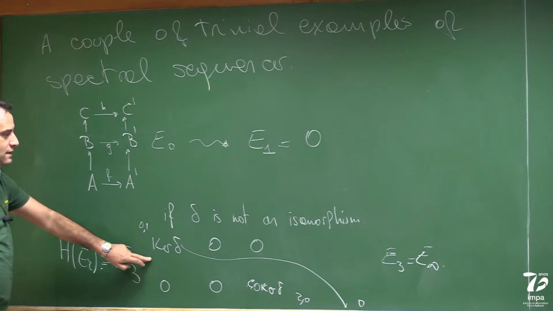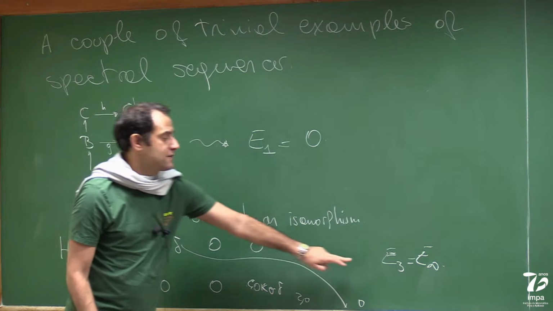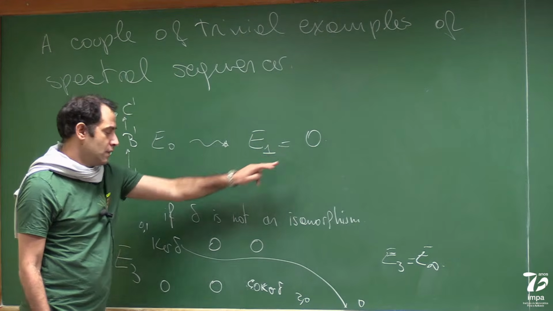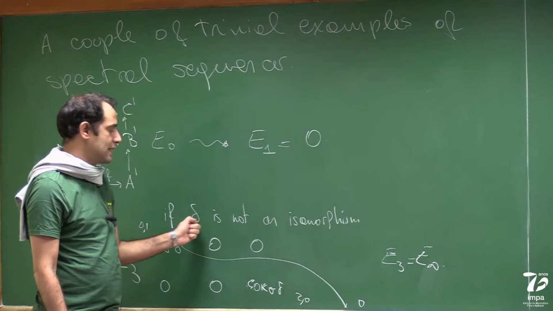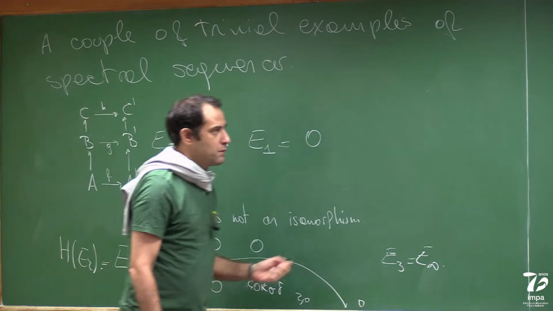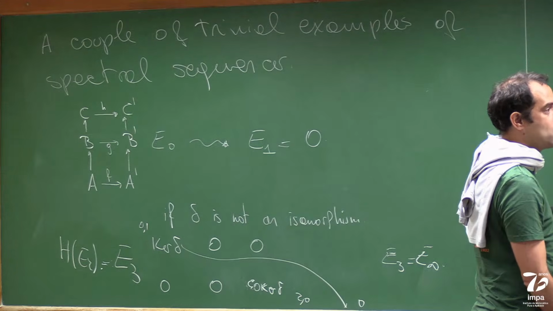So that means that the homology of this whole thing survives. And we know that it's 0. Therefore, the kernel of delta is 0, and the co-kernel of delta is 0. Therefore, delta is an isomorphism. So what we've proven is that if I start with two things like this, then delta is an isomorphism. What was delta?